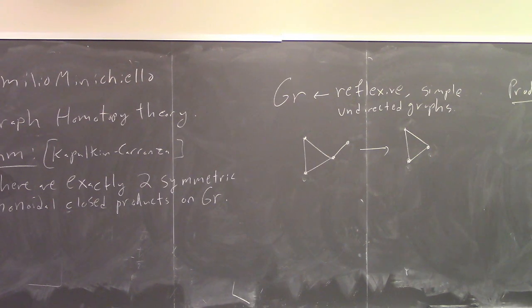Okay? So what are the products? There is the categorical product. And if you take this graph and you multiply it with this graph, you get this graph, which is a complete graph on 4 vertices.